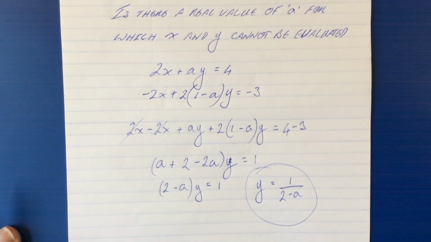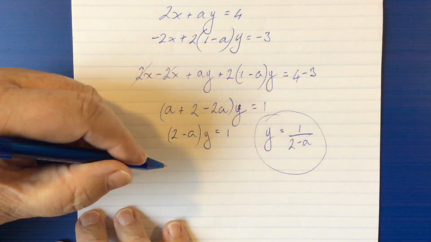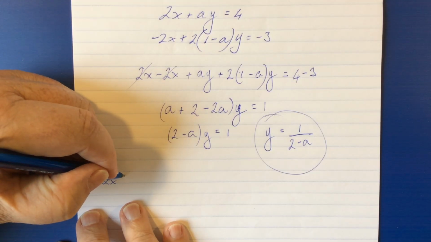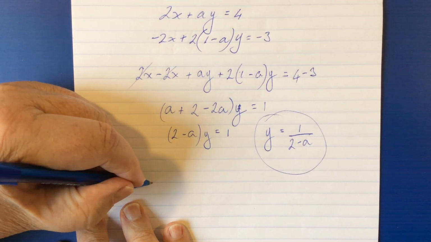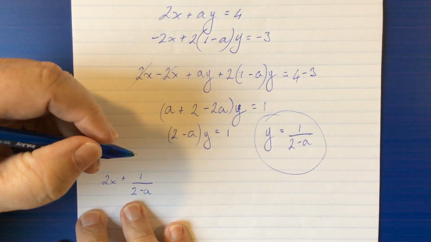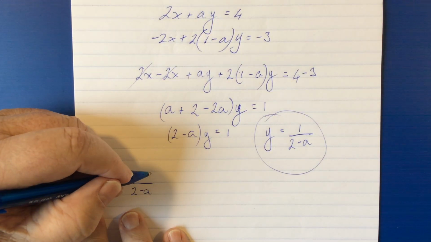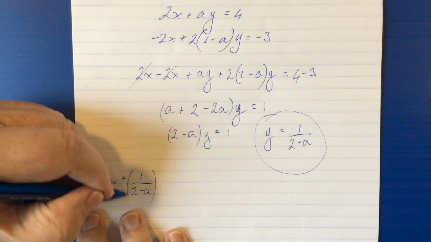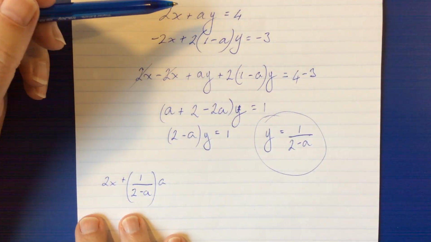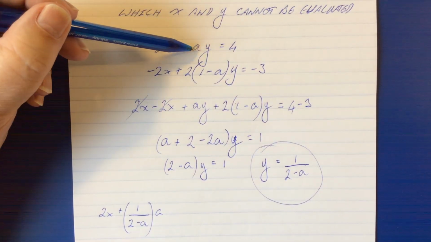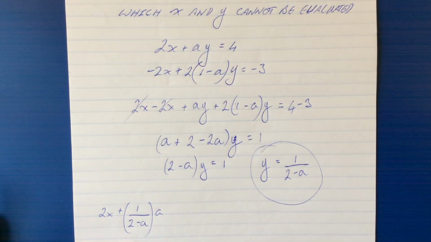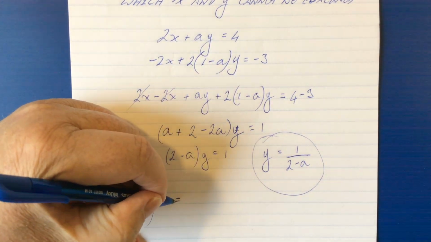So let's try that, and we get 2x plus 1 over 2 minus a times a, so that is y, that's, if I just point to it here, that's ay, or ya, if you will, and that equals 4.